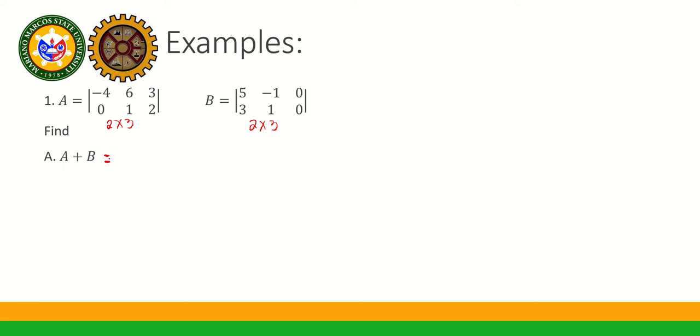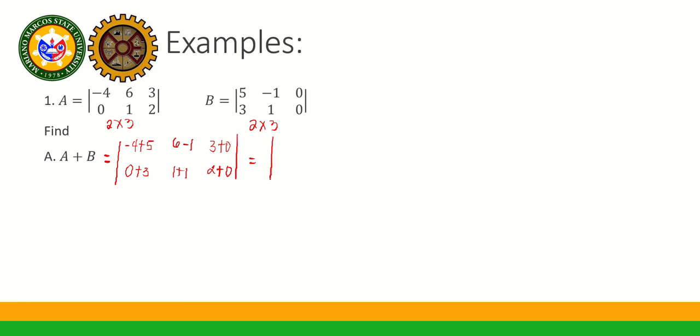We have, i-add natin yung first element sa first column, and then add natin si second element sa first column, and so on and so forth. So this will be equal to -4 plus 5, and then 0 plus 3, and then 6 minus 1, 1 plus 1, 0 plus 3, and then 2 plus 0. 3 plus 0, I should say. Anyway, commutative naman siya, so you can do both.